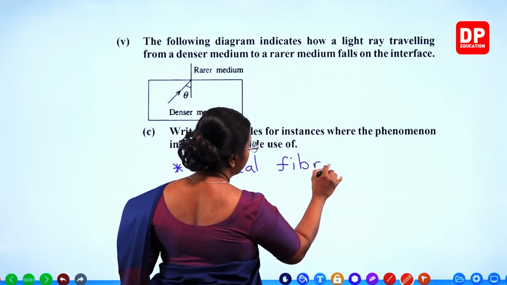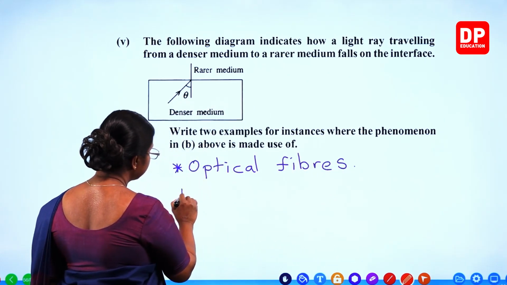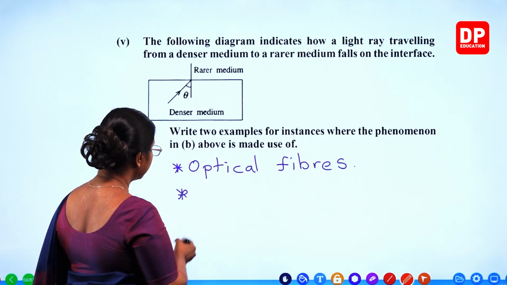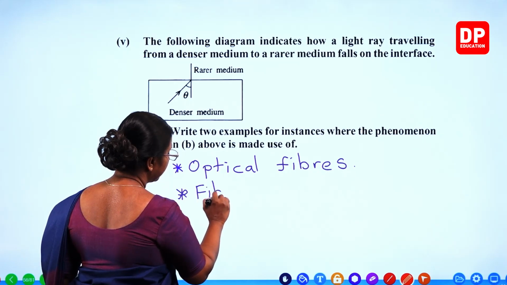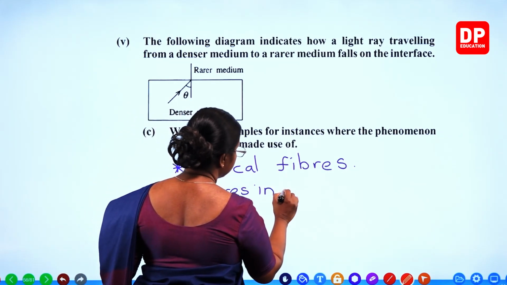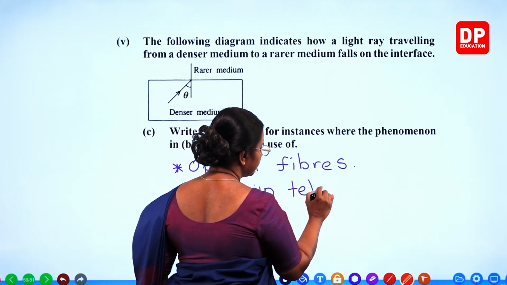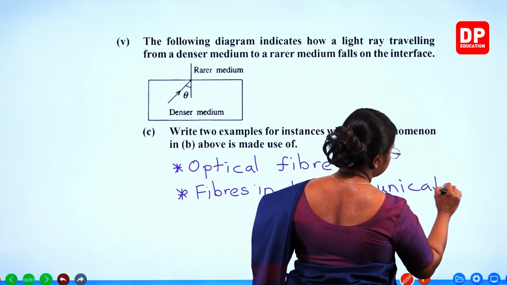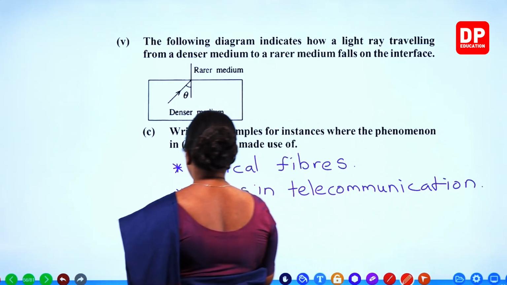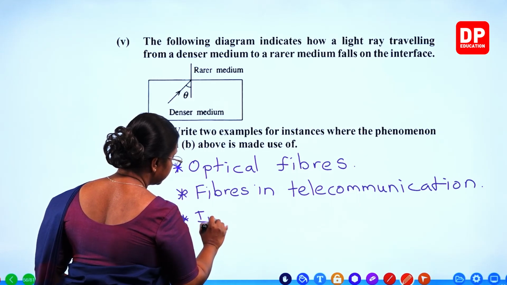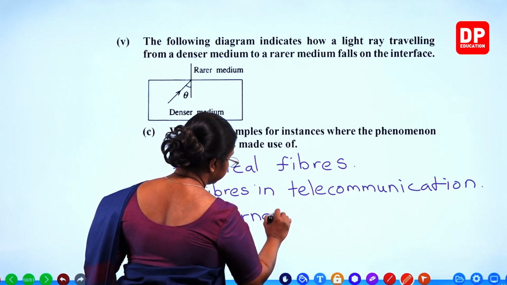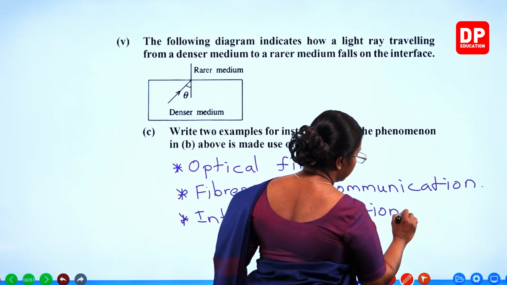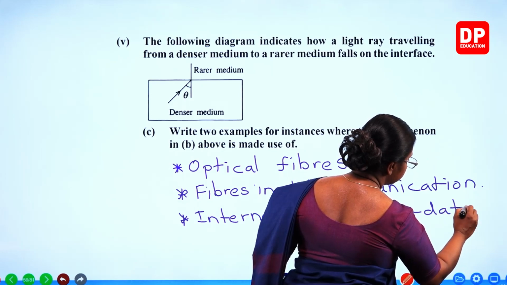as one answer. Then you all can say these optical fibers are used in communication, telecommunication, fibers in telecommunication, then internet connections, that is the data cables.